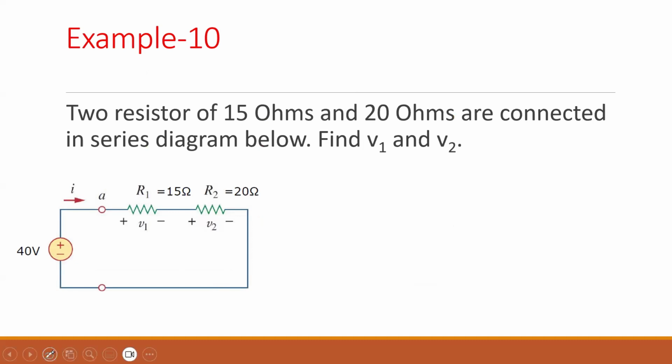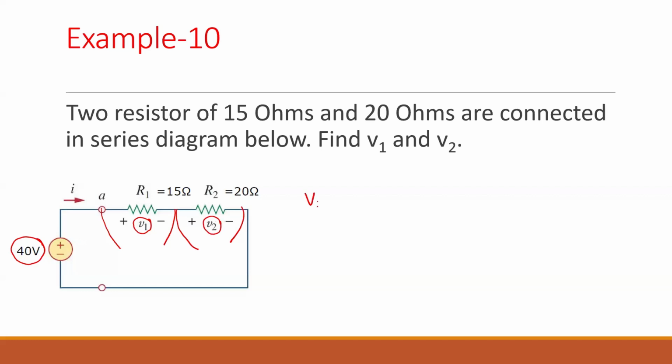Okay, so now let's apply the voltage division rule and the current division rule. We'll find the voltages across two resistors in series, applying the voltage division rule. You can see this 40 volts is divided between R1 and R2. The voltage across R1 is V1, and the voltage across R2 is V2.